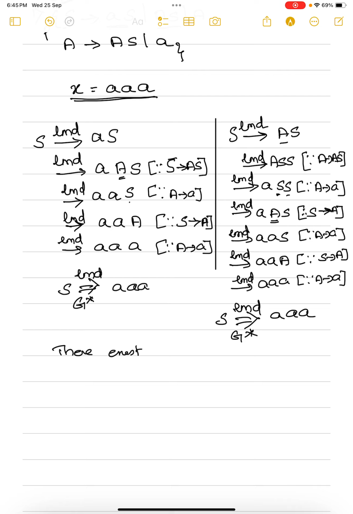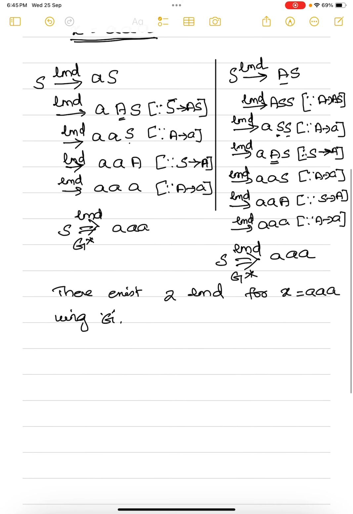So there exist two leftmost derivations for X equal to aaa using grammar G. If this exists, then G is called an ambiguous grammar.